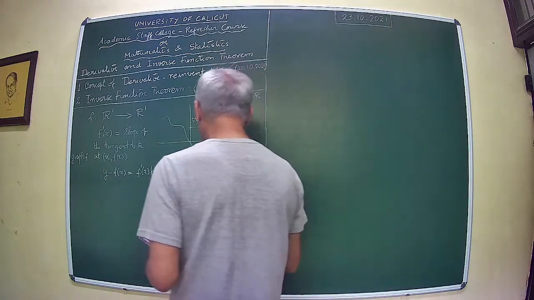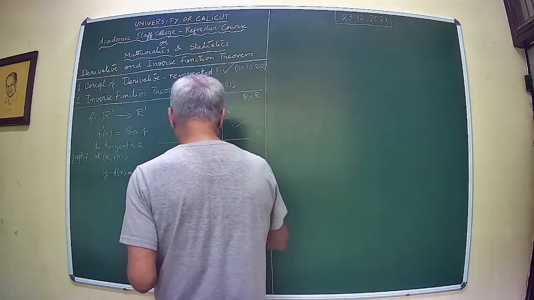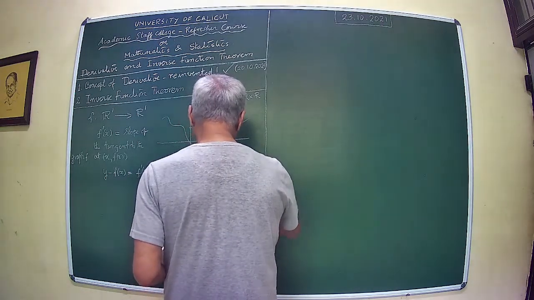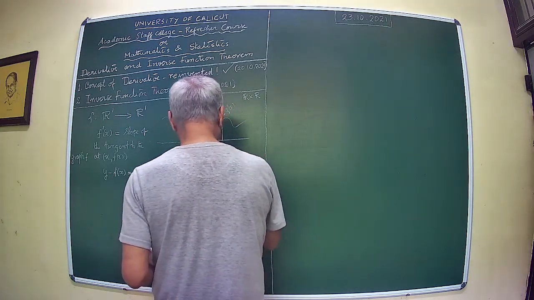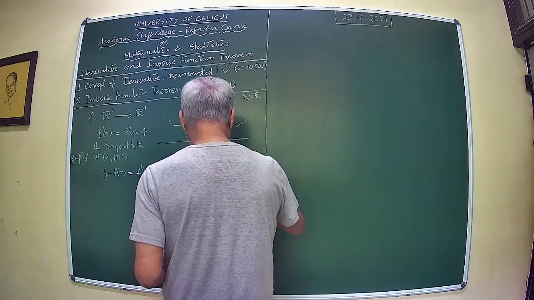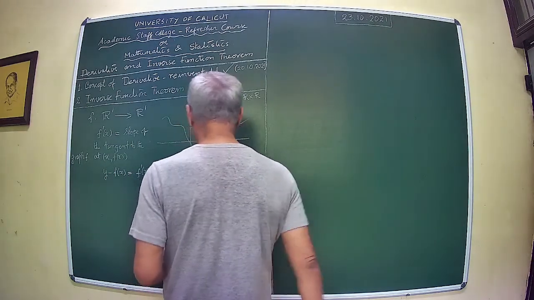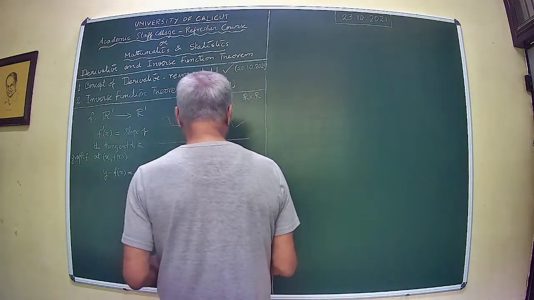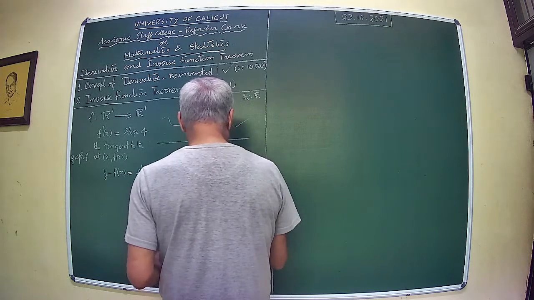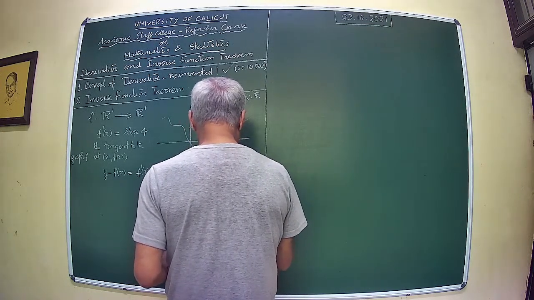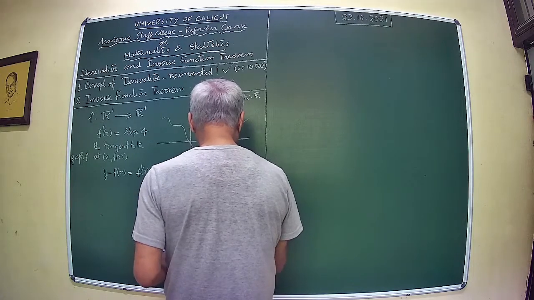So if you look at, let me magnify the picture, something like this. So I have the slope, this is the line with the slope f dash x, and what I have is this. See, if I take x and x plus h, then this distance is h.